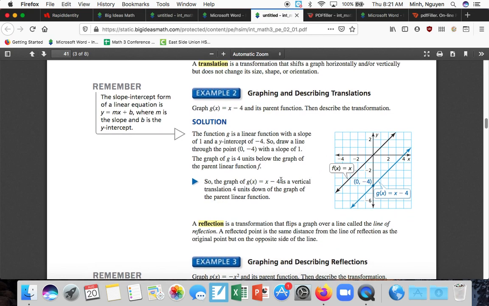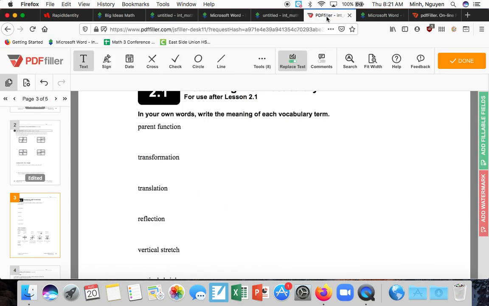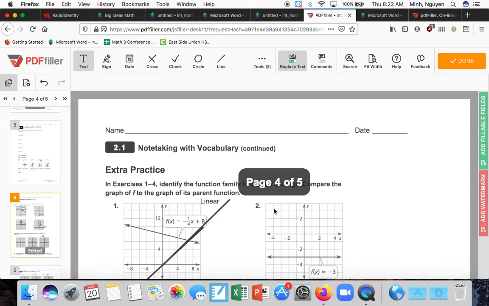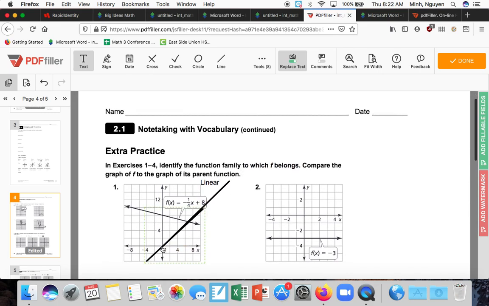So in this case, we have a plus 8, right? This minus 4 is a vertical translation 4 units down. If it's a vertical translation 4 units down, what do you think this means? Right, starting here. And that's a vertical translation 8 units up.